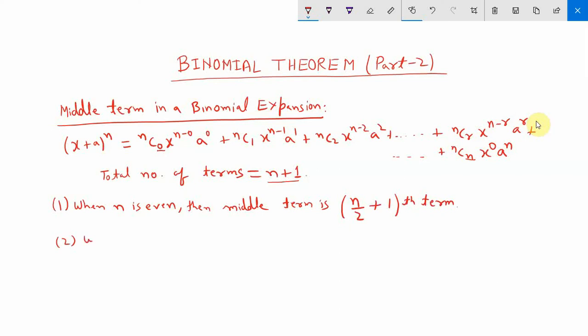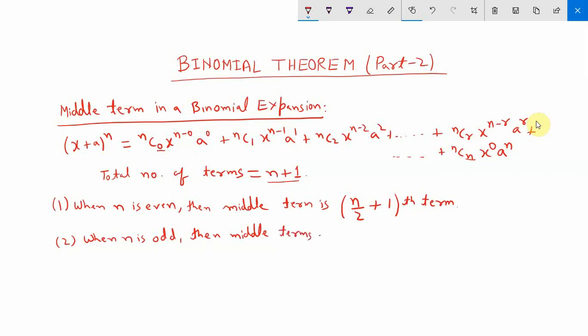Second case will be when n is odd, then middle terms. See, when n is odd, we have two middle terms.